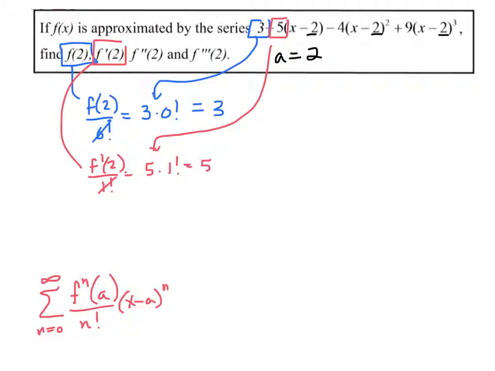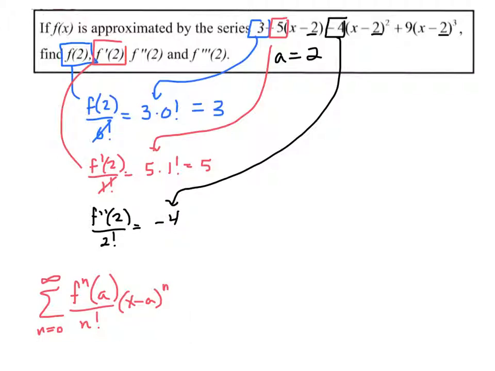The second derivative at 2 over 2 factorial is equal to the coefficient that goes with x squared. So be careful here, it's negative 4. Multiply both sides by 2 factorial, and we get negative 8.